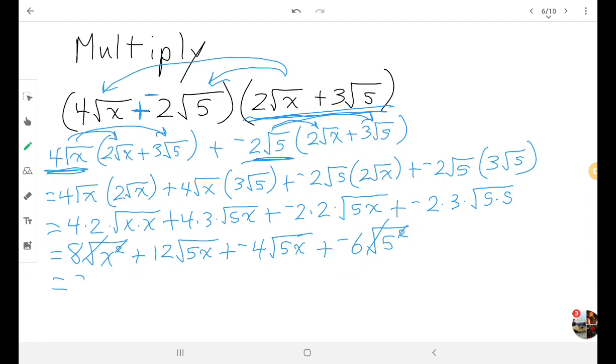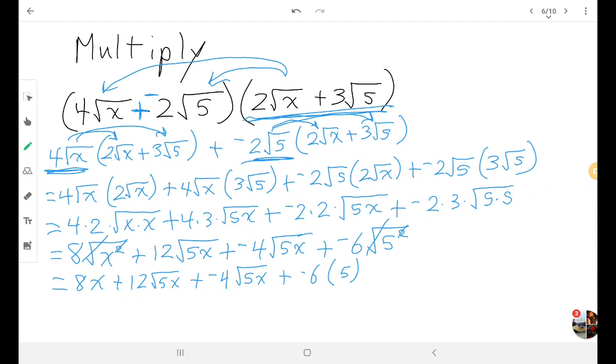So that'll be 8 times x, because the square root and the square cancel each other and leaves me with just x, plus 12 times the square root of 5x, plus negative 4 times the square root of 5x, plus negative 6 times 5, because that square and square root cancel each other.